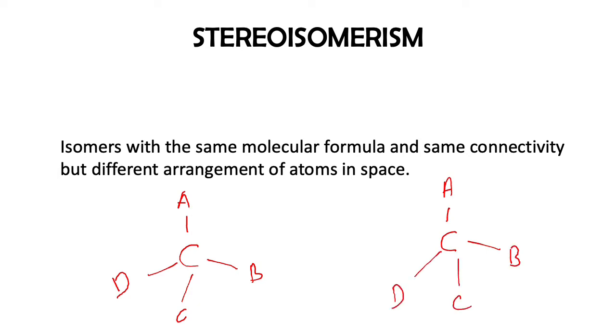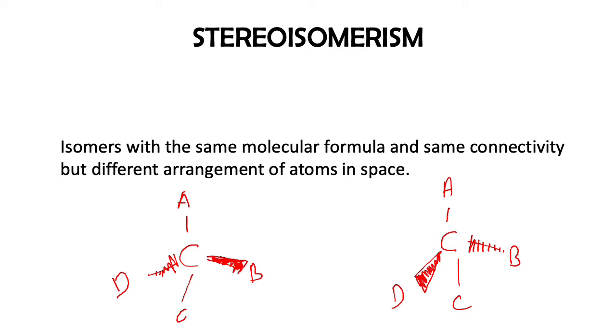Tetapi yang membezakannya mungkin D ini dia diunjurkan di hadapan, manakala B ni dia diunjurkan ke belakang. Tapi molekul yang satu ni pula B-nya di hadapan, manakala D-nya mungkin disusun di belakang. Okay, I hope you can imagine.